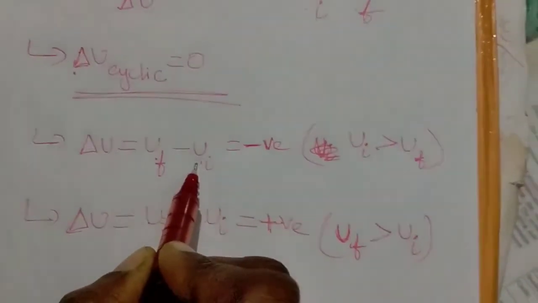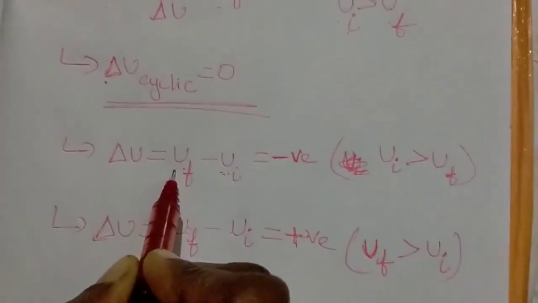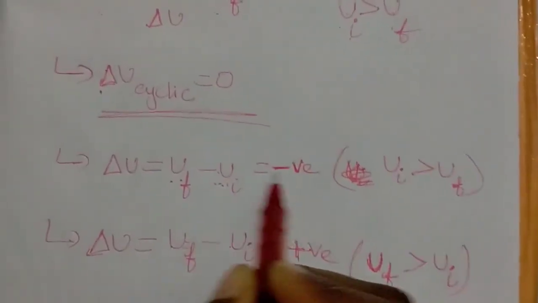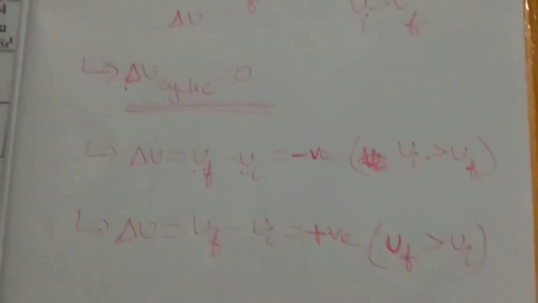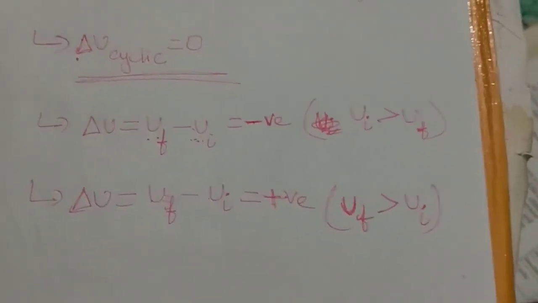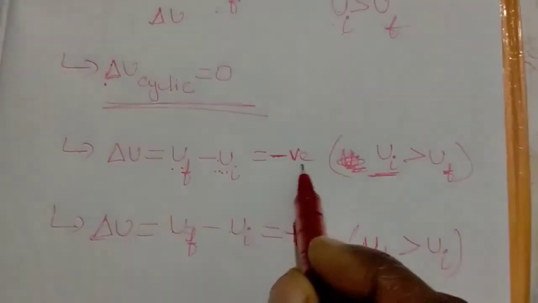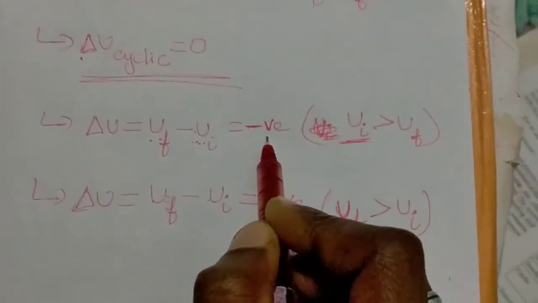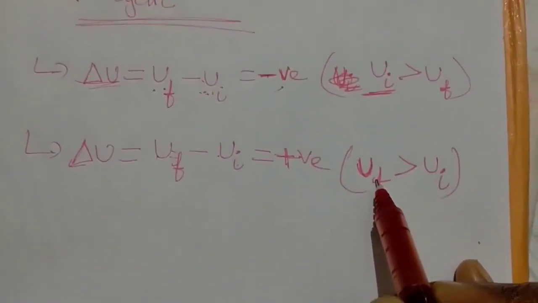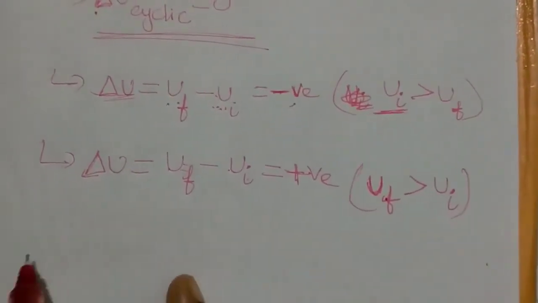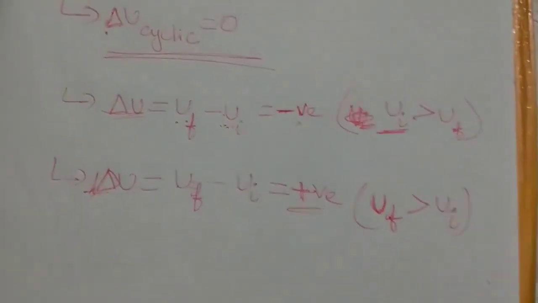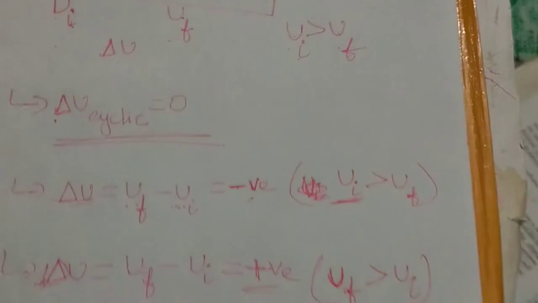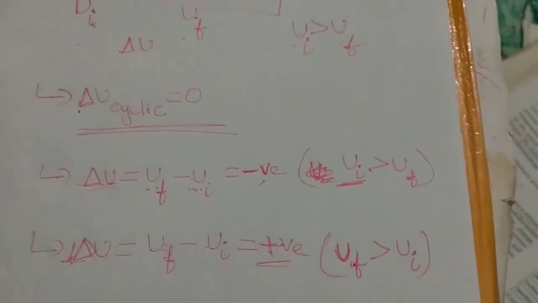Here the initial is greater and the final is lesser, so you will definitely get a negative value. So greater initial internal energy produces a negative change in internal energy, and greater final internal energy produces delta U positive. So these are all the characters of internal energy.